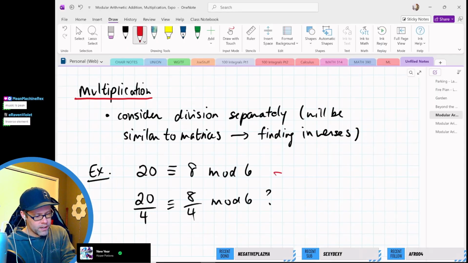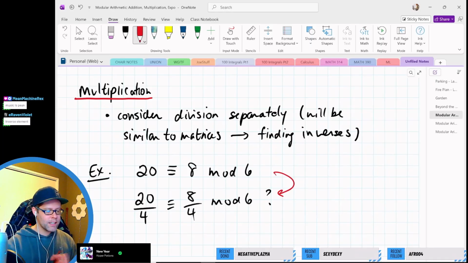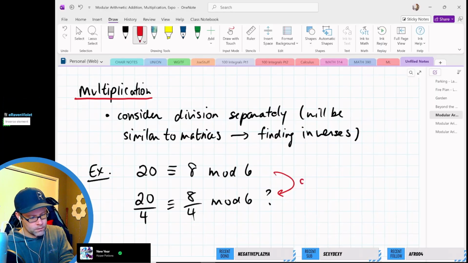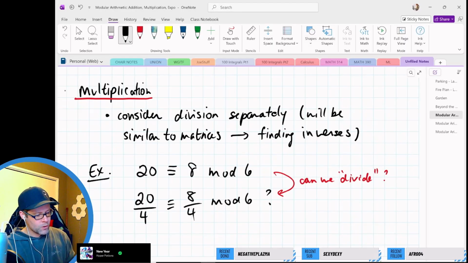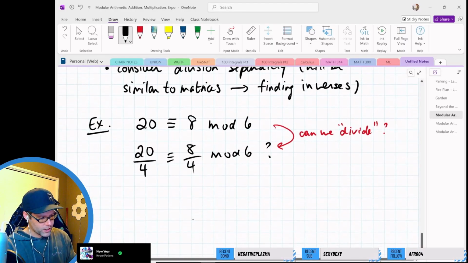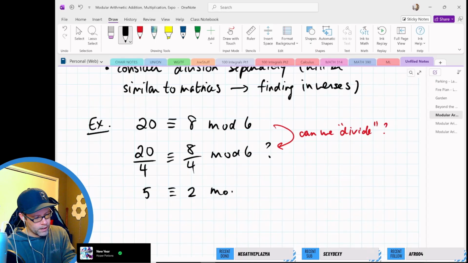Right, so the idea here is, can we just blindly divide by 4 and end up getting a new relationship that will work? So if we divide both of these sides by 4, what do we actually get? We would get something like 5 congruent to 2 mod 6.